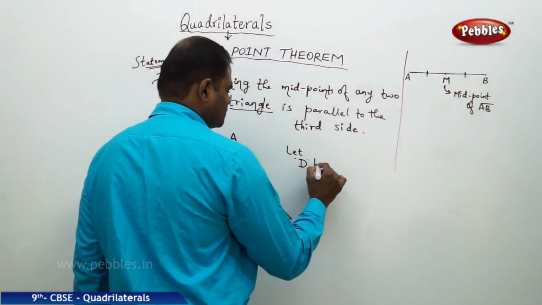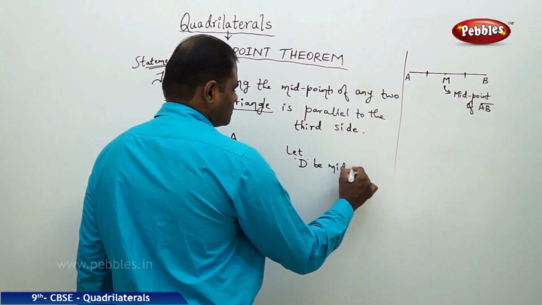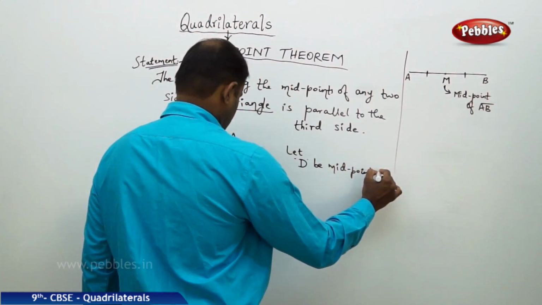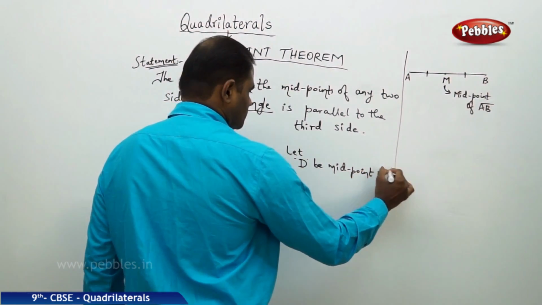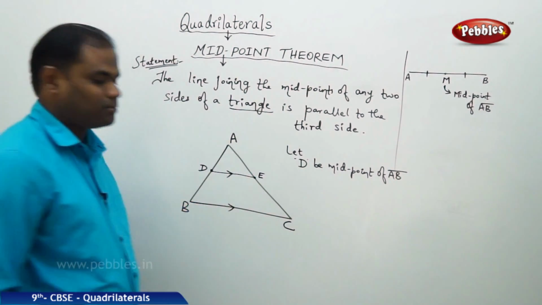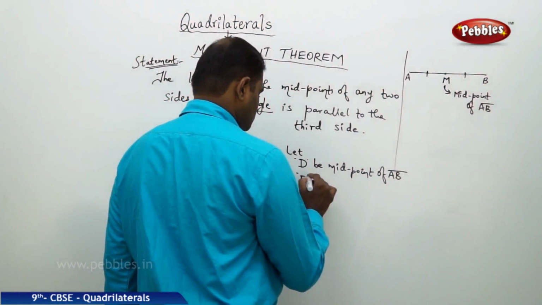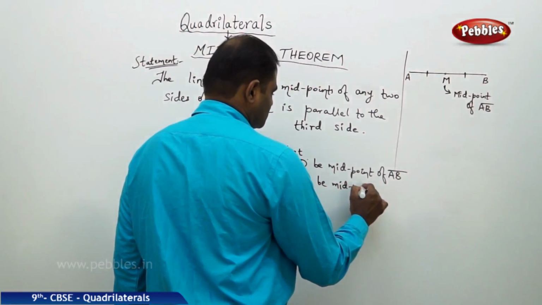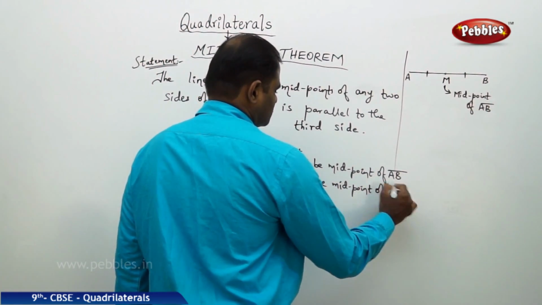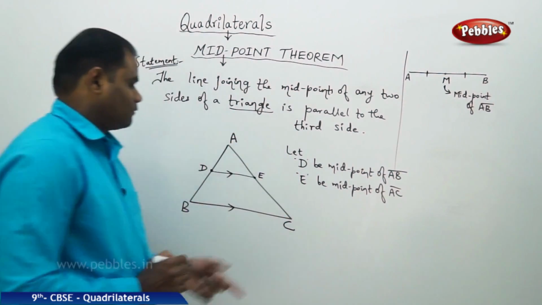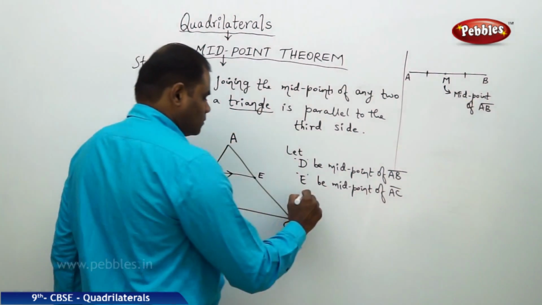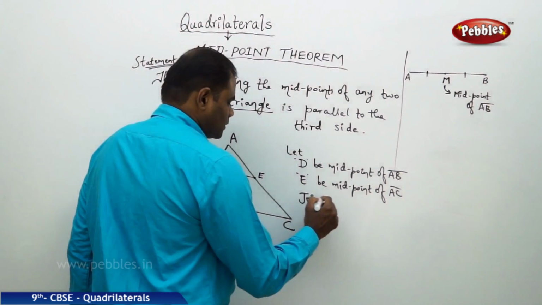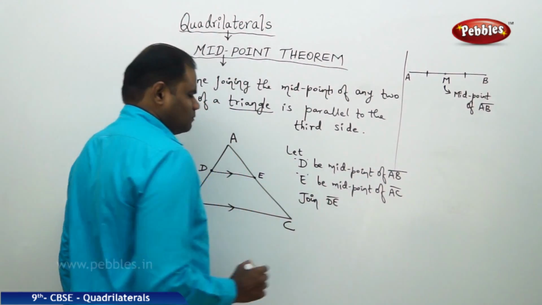Let D be the midpoint of AB and E be the midpoint of AC. Now the next step is that I join DE.